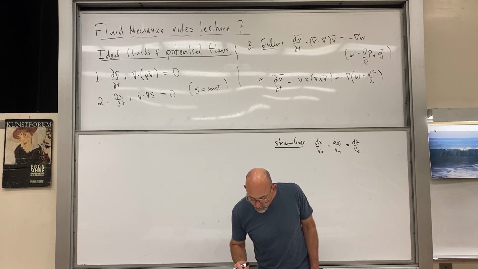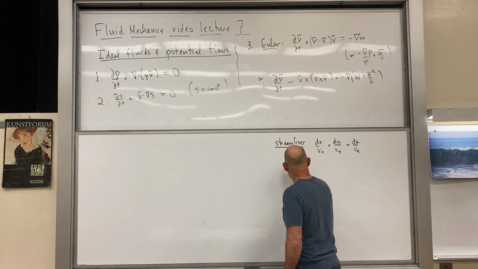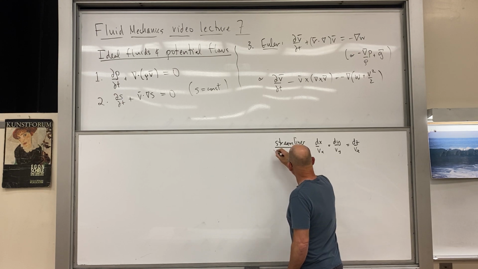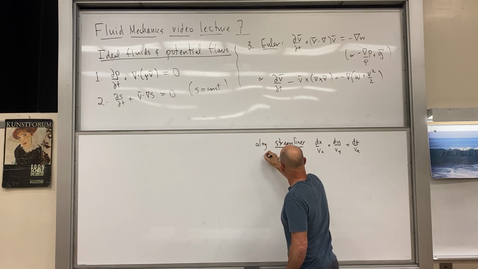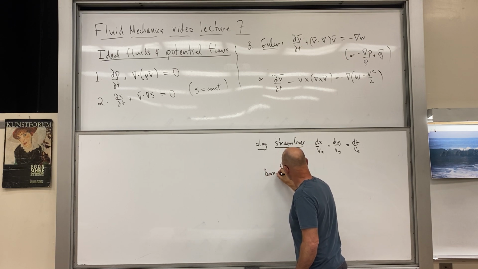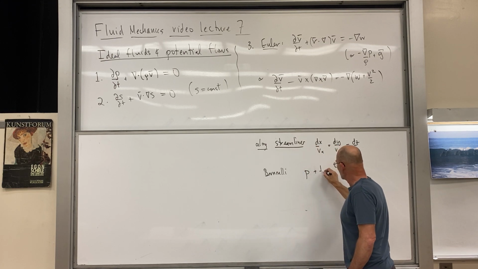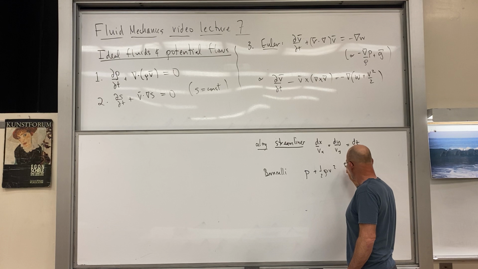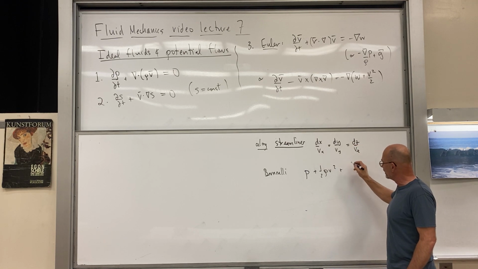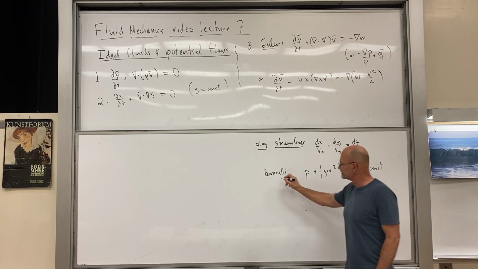I'll put it in the form, so if we have long streamlines, we would have Bernoulli's equation, P plus 1/2 rho V squared, and if you have gravity, plus rho g y equals constant.